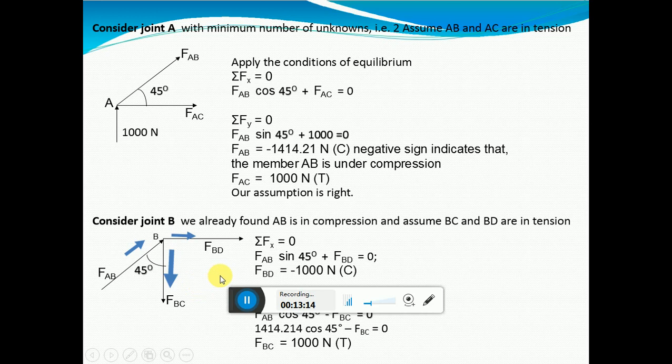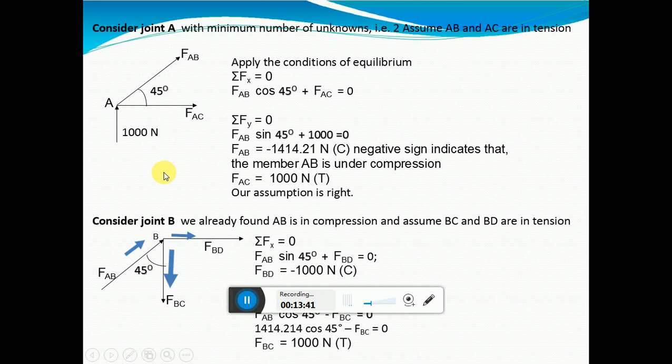Okay, so now after applying summation f of x is equal to 0, next apply summation f of y is equal to 0. This is in the y direction, minus FBC and FAB along y axis. It is this arrow mark, moving towards the positive y axis.